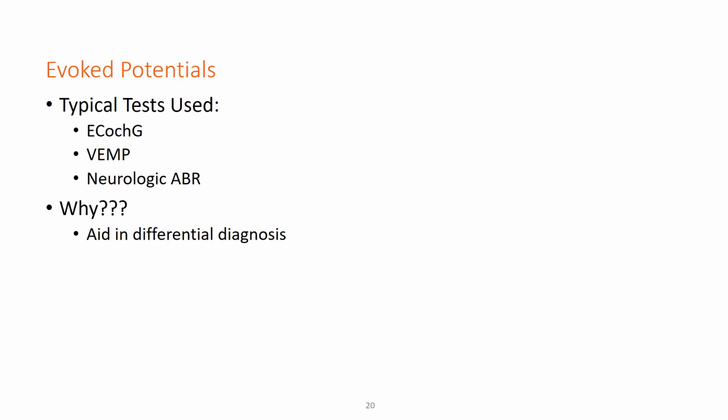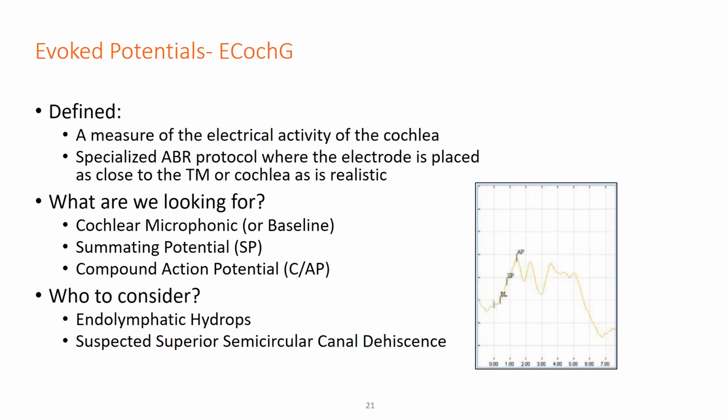VEMP is out there, and there's also the good old neurologic ABR. I still see this as helpful, because if you are looking for something like MS, you want to see how the integrity is of that central auditory pathway. So that would be another test that would help out with that. Any sort of demyelinating disease can be there to aid in differential diagnosis.